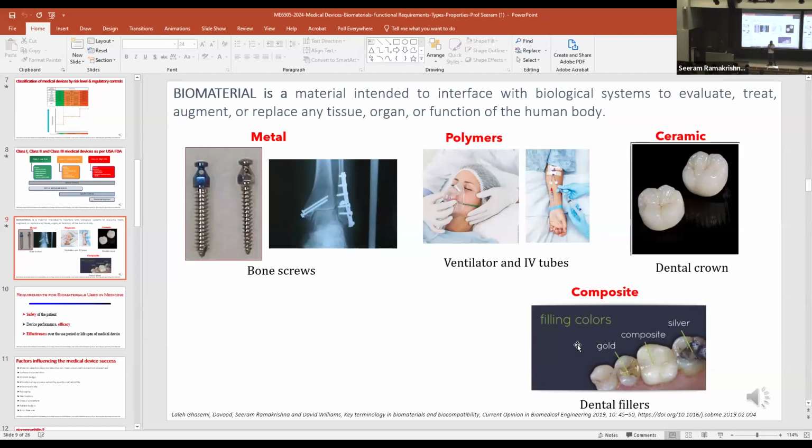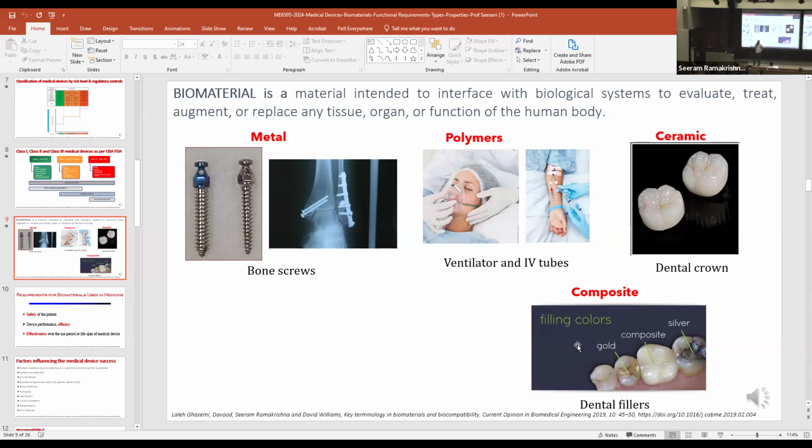In this case, a dental crown is a ceramic material. SiO2, silicon dioxide, is a ceramic material. Al2O3, aluminum oxide, and TiO2, titanium oxide, are all ceramics. Then you have composites, which are a combination of mostly polymers and maybe some metal oxides or ceramics. So you mix a polymer and a ceramic, and you make it a composite.